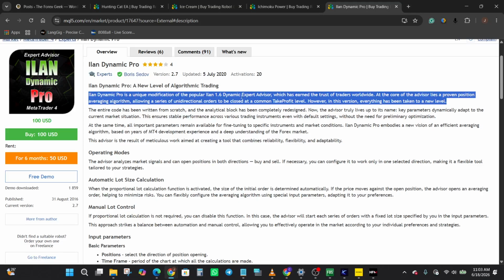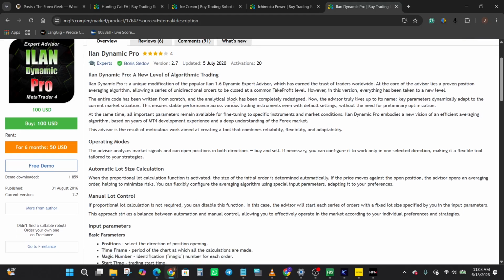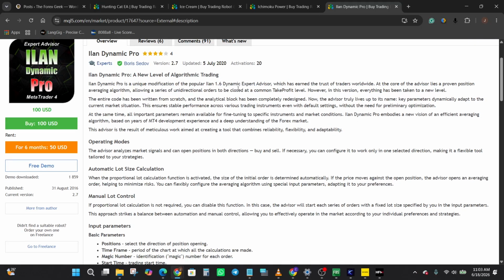The marketplace information explains that the EA is based on a position averaging algorithm where a series of orders in the same direction can be managed and closed at a common take profit level. One of the main points highlighted by the developer is the dynamic adaptation of key parameters.